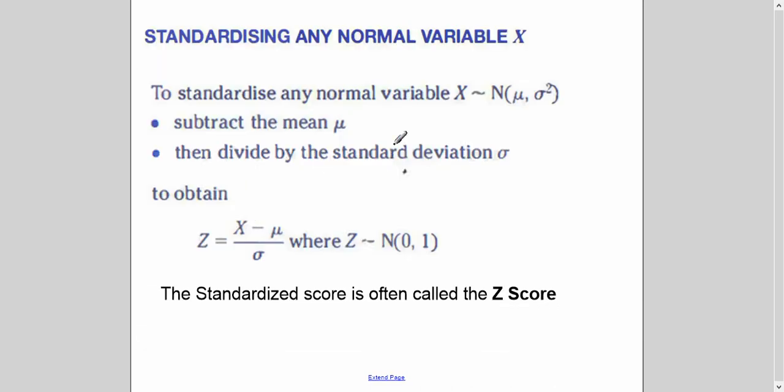We will see how to read it and how to convert it in a few examples here. And it is called the Z-score. So I hope you understand that actually the question is an X random variable, but we have to change it into a Z-score so that we can read the probability from the table.